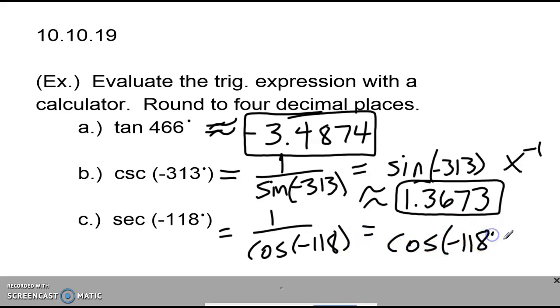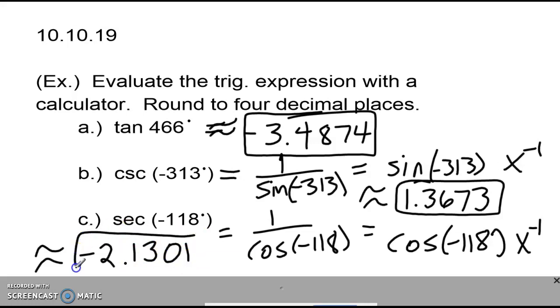Make sure you close your parentheses and then hit your x to the negative 1 key. And either way, I did both ways and I still got the same answer. Fortunately, I should. Negative 2.1301. Okay, so straightforward, plugging it into your calculator. Sometimes you have to hit the reciprocal function if it's not one of the first 3 primary trig functions.